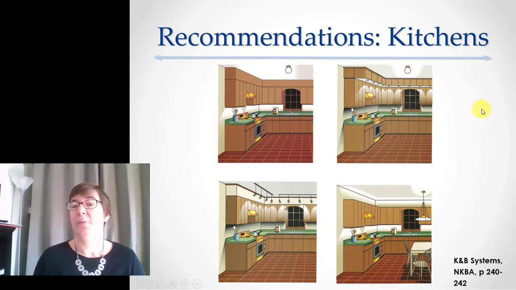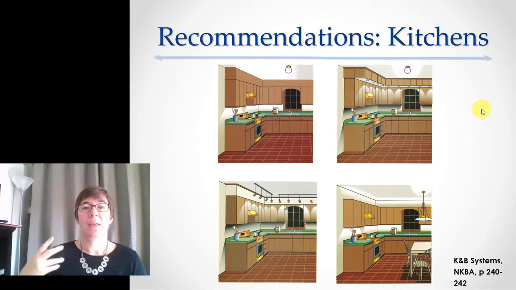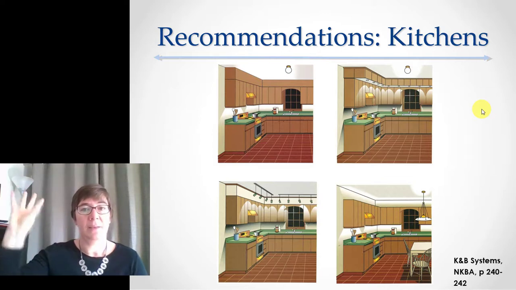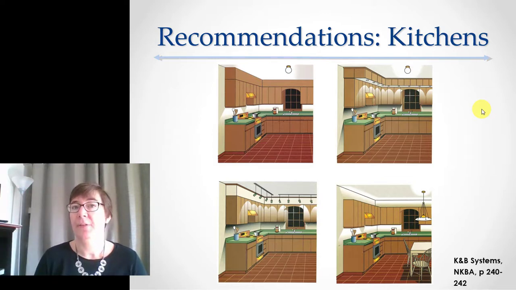Moving on to the next picture to the right, they are keeping the central surface mount fixture for your general lighting, but task lighting is now provided by recessed downlights right here in the soffit.